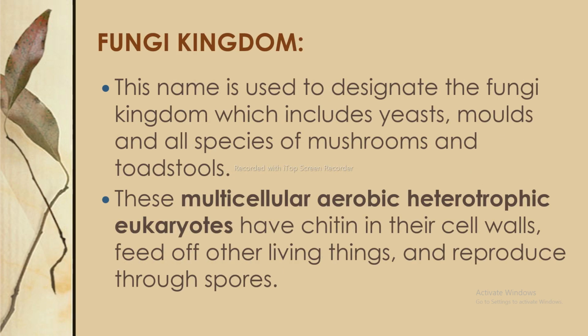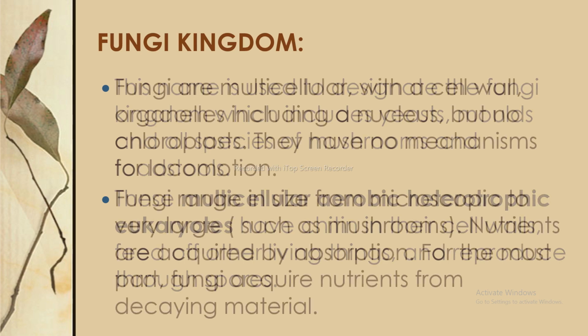Next comes the fungi kingdom. This name is used to designate the fungi kingdom, which includes yeasts, molds, and all species of mushrooms and toadstools. These multicellular aerobic heterotrophic eukaryotes have chitin in their cell walls, feed off other living things, and reproduce through spores.